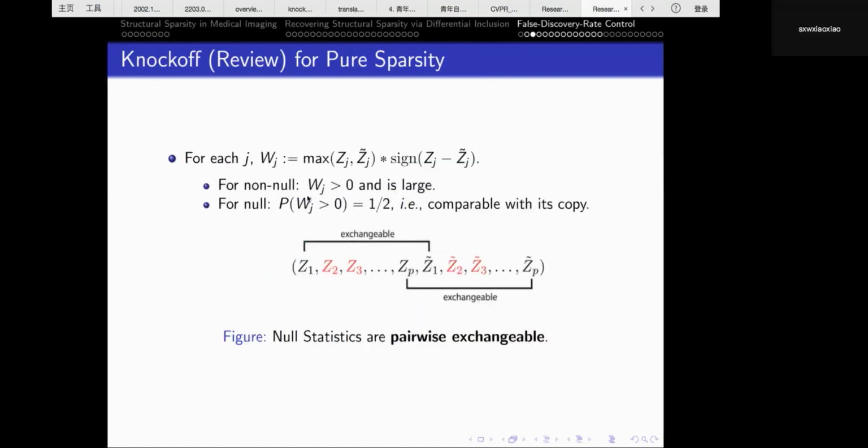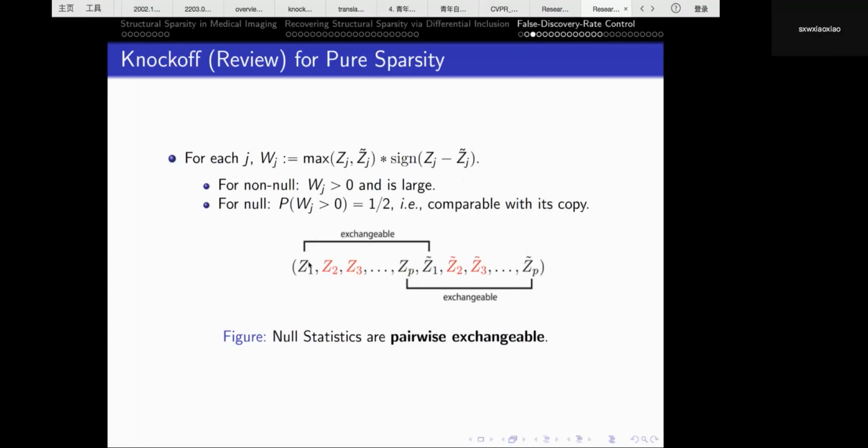So for each non-null feature, the Wj can be large positive because the original feature generally has a larger effect than its copy.